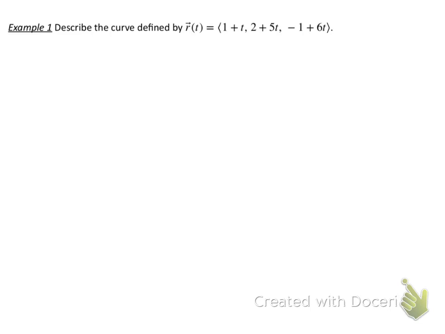Now let's see an example. Describe the curve defined by r of t with components 1 plus t, 2 plus 5t, and negative 1 plus 6t. We studied this before, in the previous section.